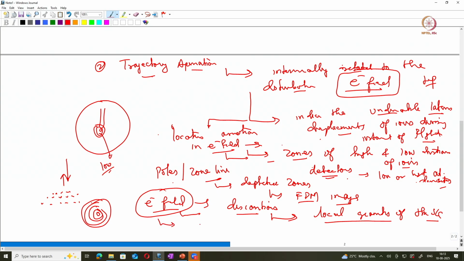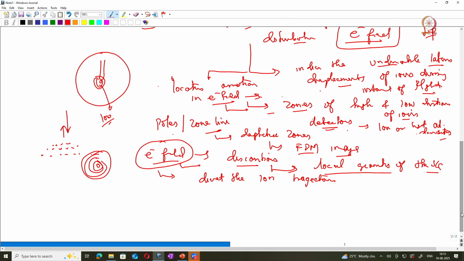tends to divert the ion trajectories. Okay, as these zones, these terraces, actually have a high density of electric field distribution.